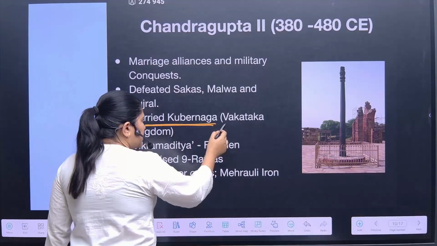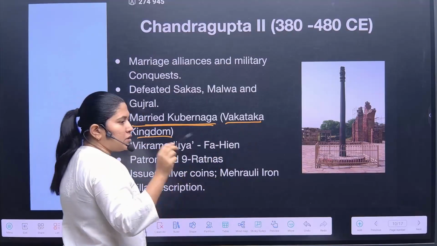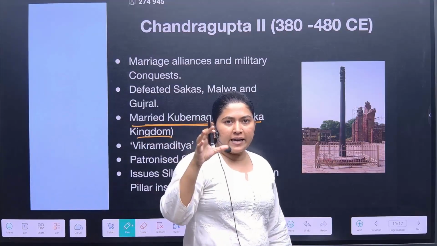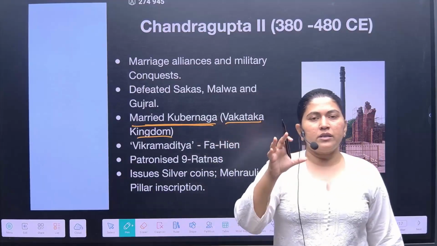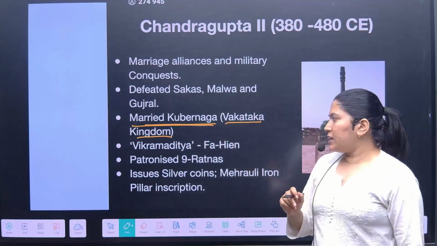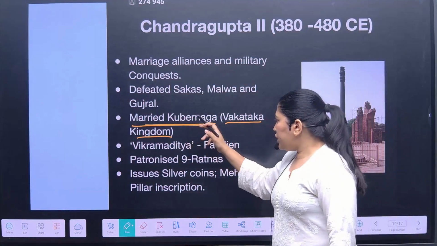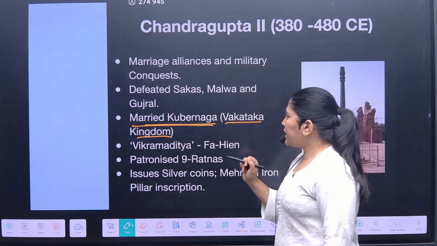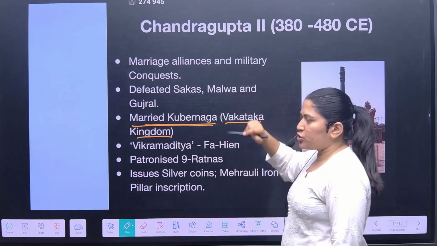She was the princess from the Vakataka kingdom, that kingdom which was in the Deccan region, in present day Maharashtra, Gujarat, Madhya Pradesh, and some parts of Karnataka and Andhra. So she was a princess of the Vakataka king, and she was married to Chandragupta II.